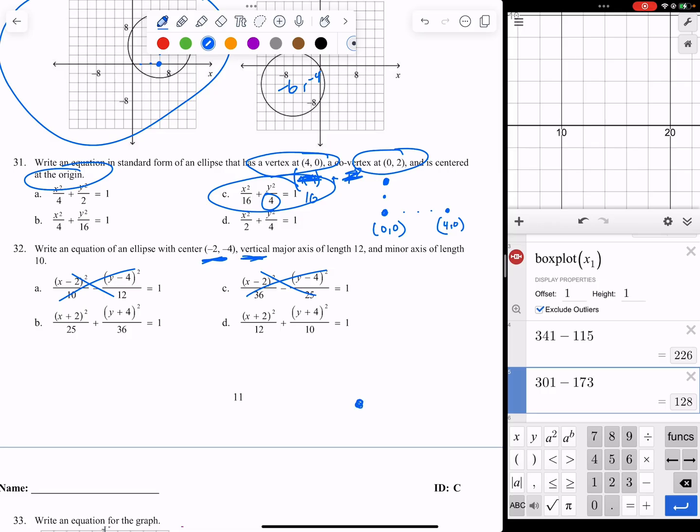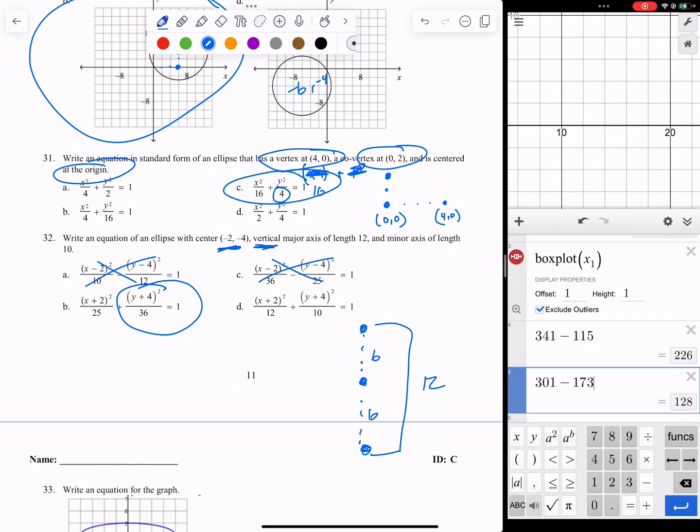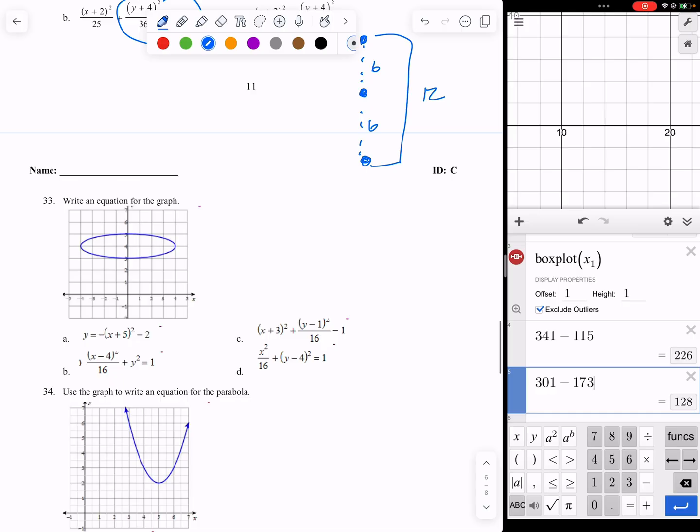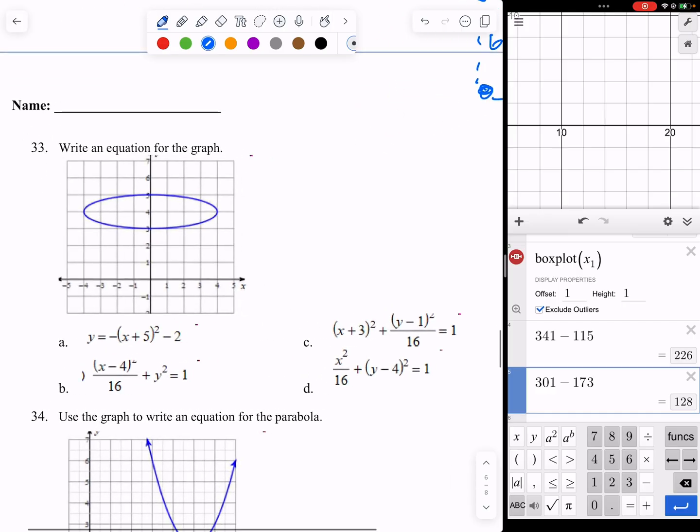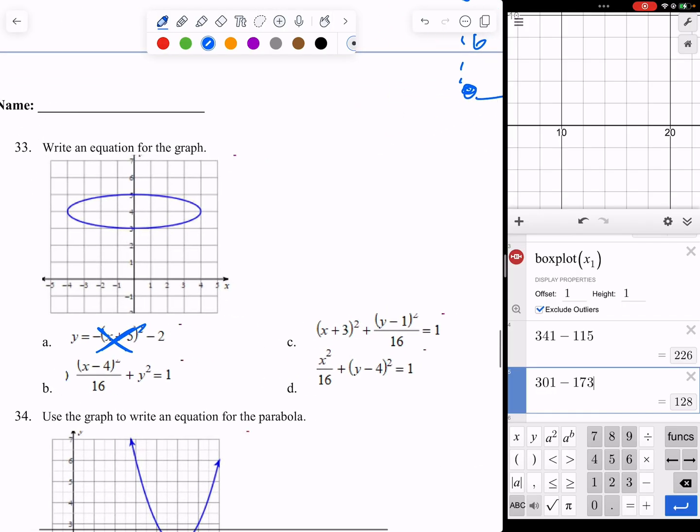From here to here is 12, so this is 6 and that's 6. 6 times 6 is 36. You have to square the number, but they're not giving you the radius, the quote-unquote radius. They're giving you the minor axis, so the axis is the distance all the way across. That's a hyperbola. That's silly.